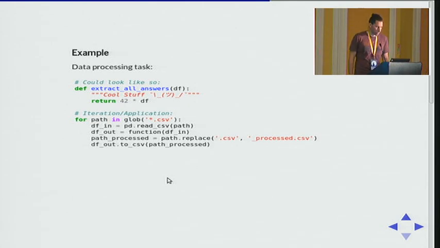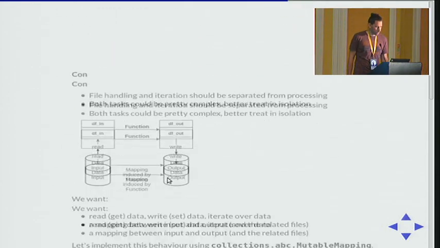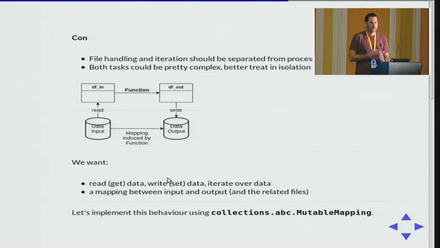And a small workflow, a very primitive workflow, could look like this. Let's start with the good things: it's really simple, it's really obvious what you want to do. The problem may be that if file handling is rather complex, if reading and writing is also complex, it really makes sense to separate this from the processing task. And I bring this example up here because what we actually have is a function that produces a mapping between input data and output data, and we also have a mapping between a data store and the data frame.